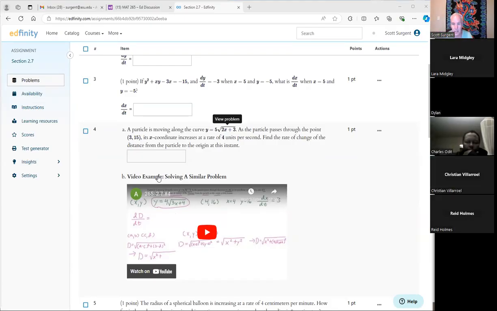Find the rate of change of the distance of the particle from the origin. All right, give me a second here. I'm going to unshare, and I'm going to go to my overhead camera.